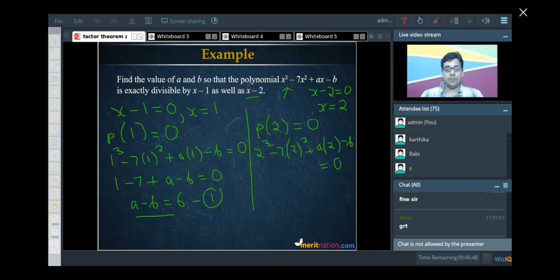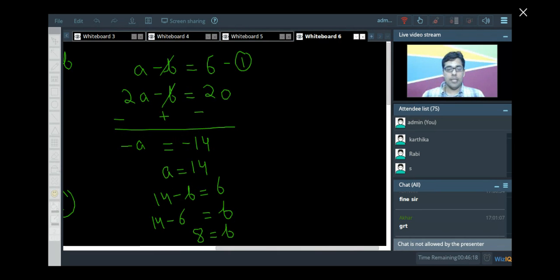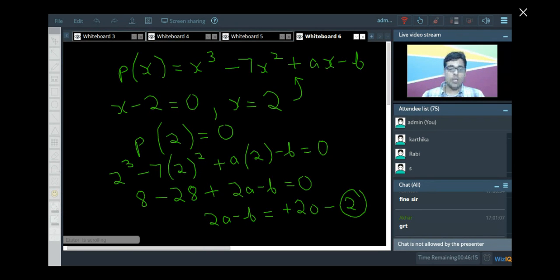Quickly again repeating this question. The example was to find the value of a and b so that the polynomial is exactly divisible by the factors x minus 1 and x minus 2. Using the factor theorem, first putting the value of x as 1 in the polynomial, remainder becomes 0, and getting here the first equation, a minus b equals 6. Then substituting the value of x as 2 by using the second factor in the polynomial x cube minus 7x square plus ax minus b, we will get the second equation, 2a minus b equals 20.